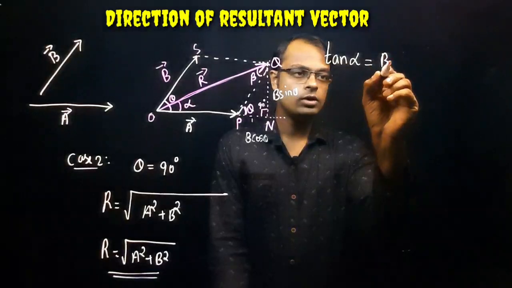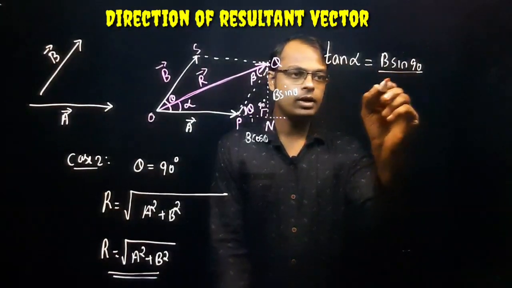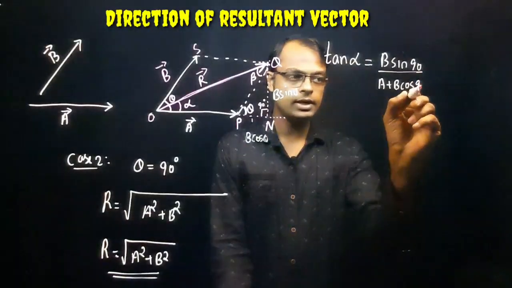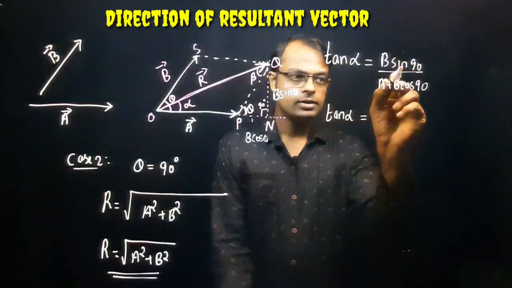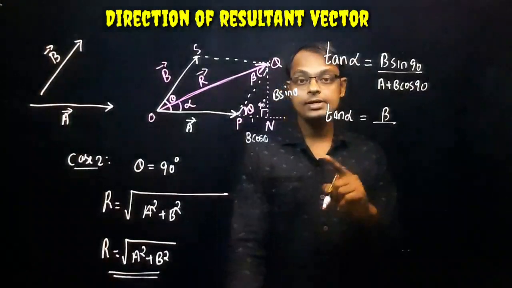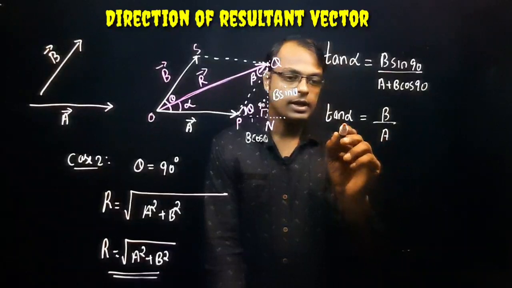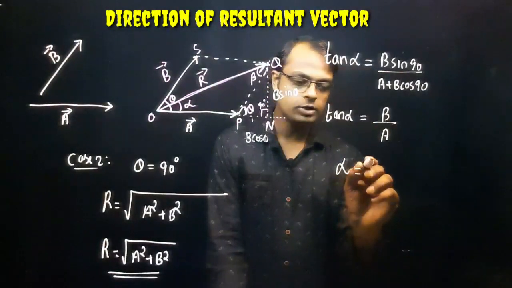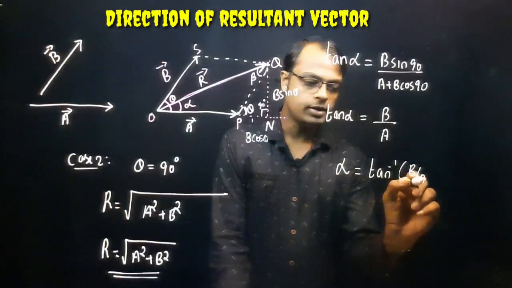Here theta is 90, so sin 90 is 1 and cos 90 is 0. So tan alpha is equal to B by A. Therefore alpha is equal to tan inverse of B divided by A.